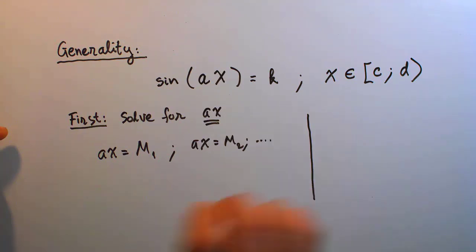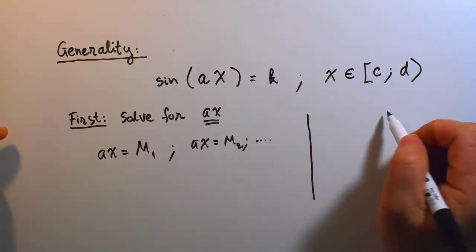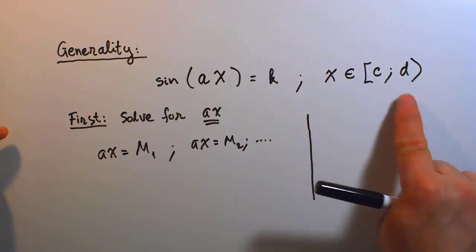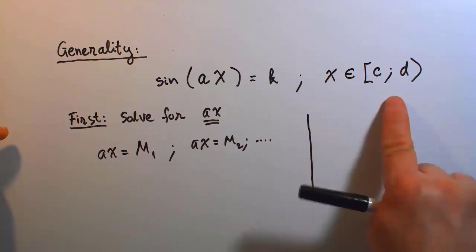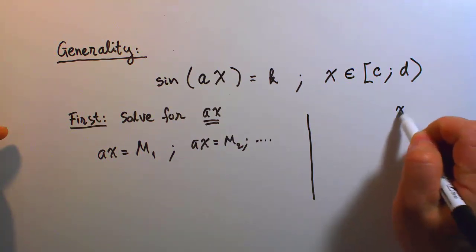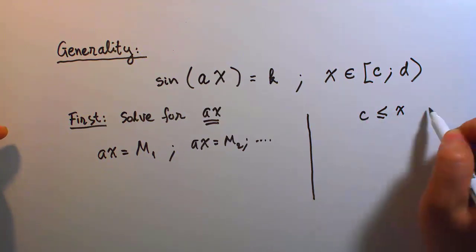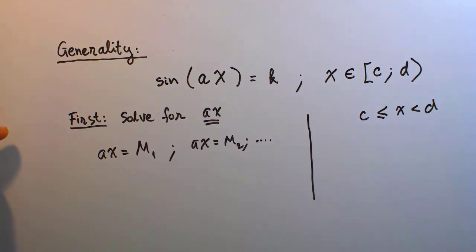We can find as many as exist. So how do we know we have found enough? The next key step, another trick here, is that from our restriction interval right here, algebraically, it means x is between c and d.